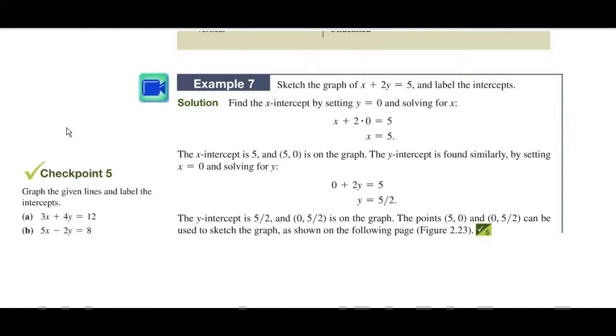Now for example 7, they want you to find and label the x and y intercepts. So one of my little inventions that you may or may not remember is this x and y intercept t-chart.